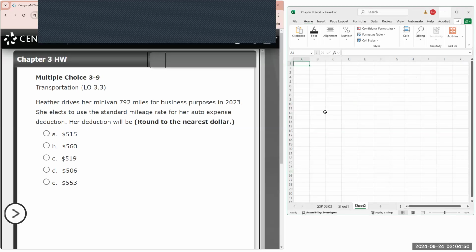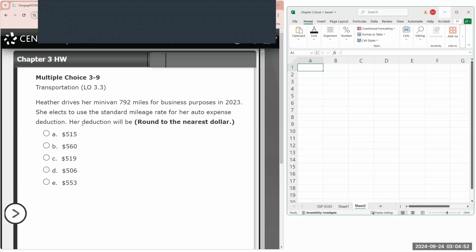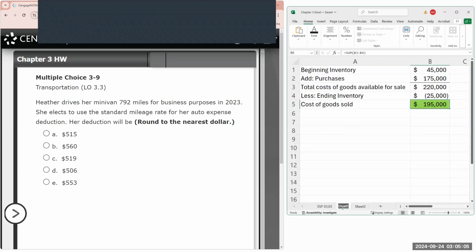This brings us to our next question. It says, Heather drives her minivan 792 miles for business purposes in 2023. She elects to use the standard mileage rate for her auto expense.